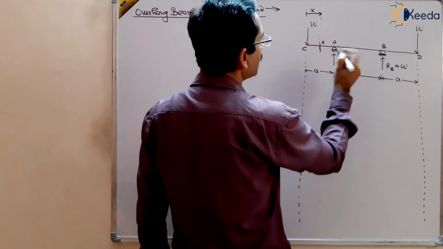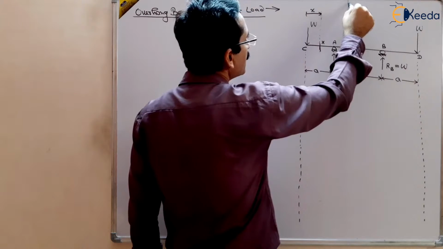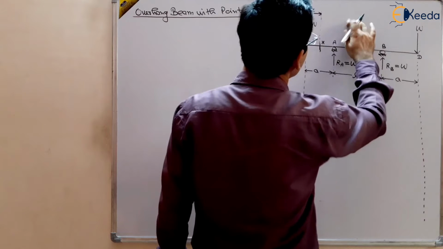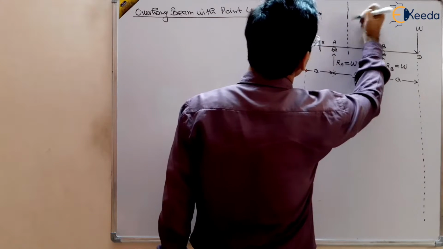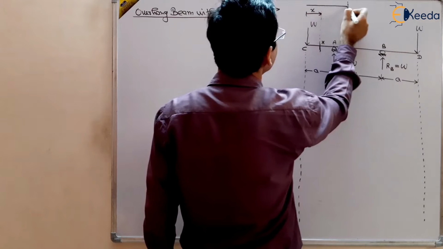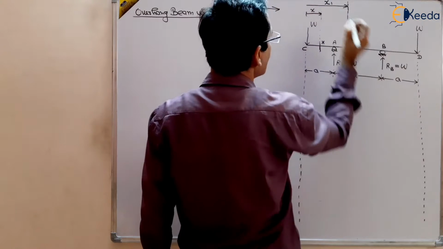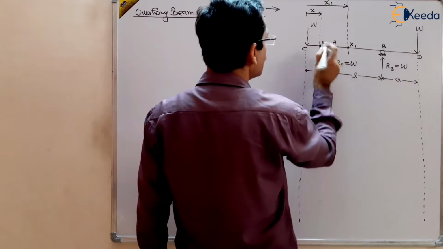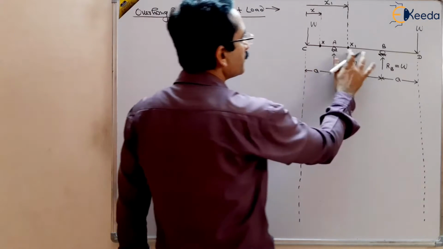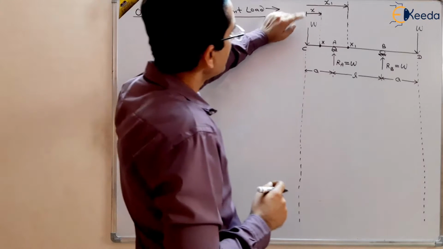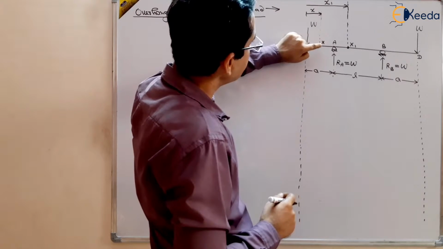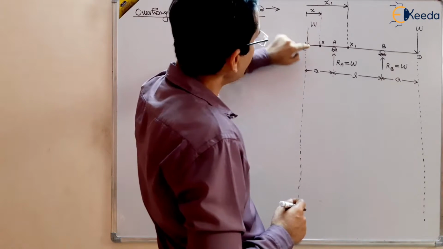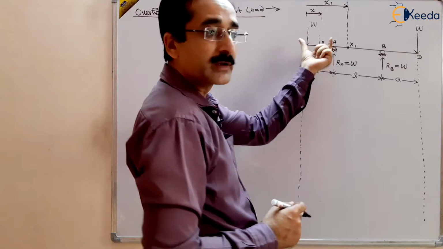So I have to take one more cross section here at a distance of say x1, and this is suppose capital X1, right? So I have taken first a section X at a distance x from the free end, and that will be valid between C to A because there is no load in between.